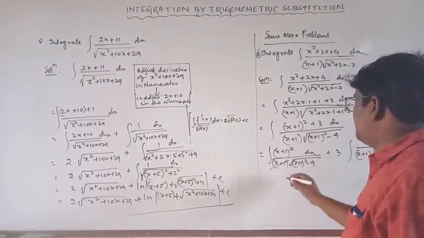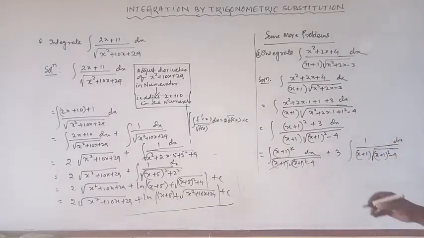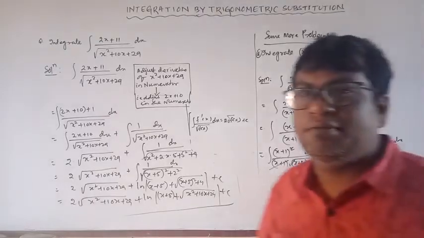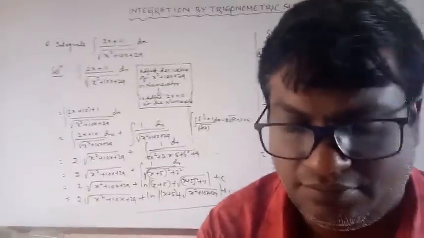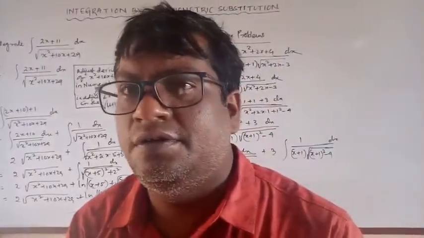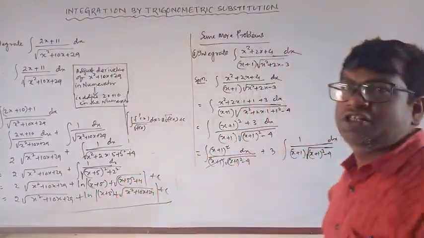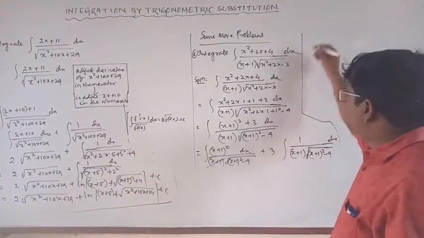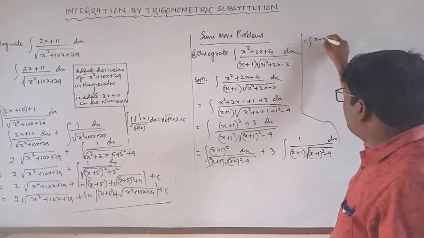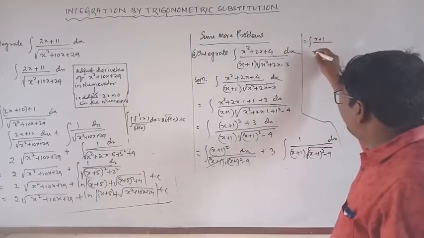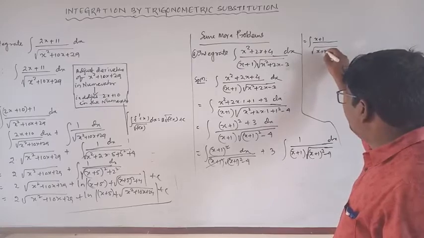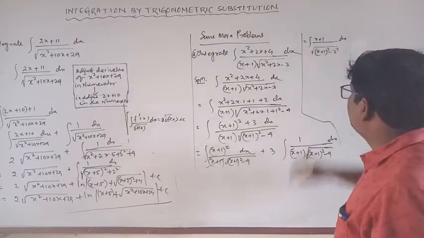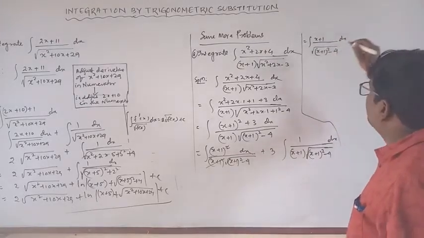So this is x plus integration of x plus 1 by root over (x plus 1) whole square minus 2 square dx. Clear? Or here 4.